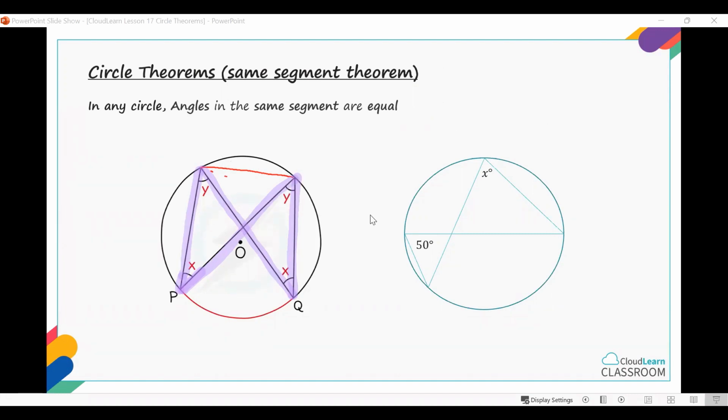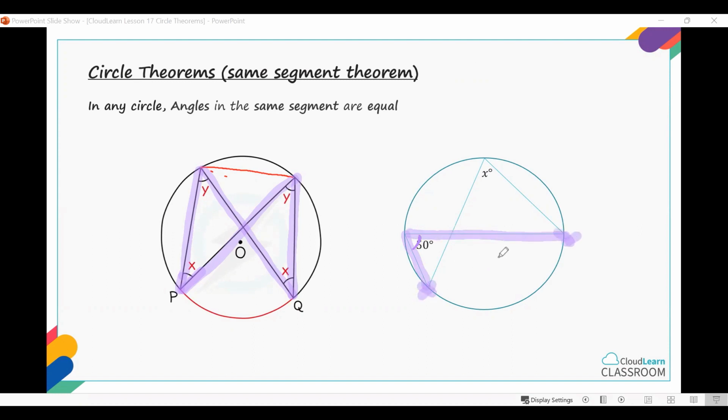So with this one, I can see this angle is 50. I'm going to imagine drawing with my fingers a line down to where that angle came from. It came from this point here and this point here.